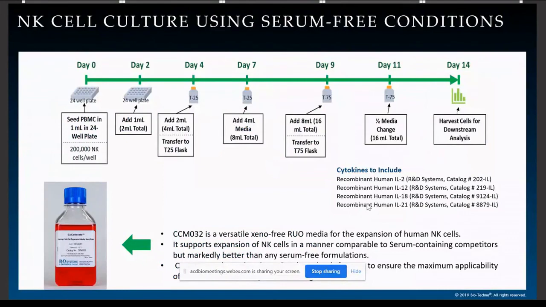And you can see the full protocol. I won't go into all the details, but this is optimized with our Accelerate media, which is a serum-free media that works just as well as serum-containing suppliers. This is a xeno-free version as well.